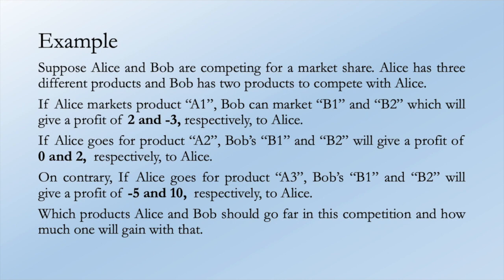Similarly for product A2, Alice will get 0 and 2 for Bob's products B1 and B2. For product A3, if Bob applies B1, Alice will get -5, so Alice will lose heavily, and if Bob applies B2, Alice will gain higher.